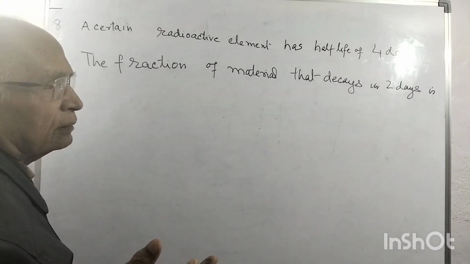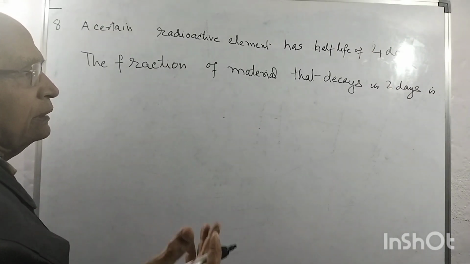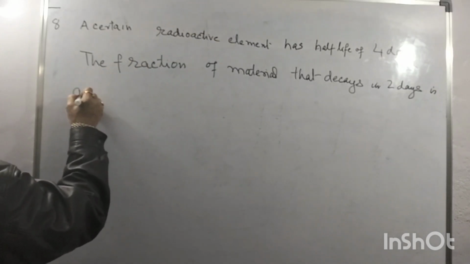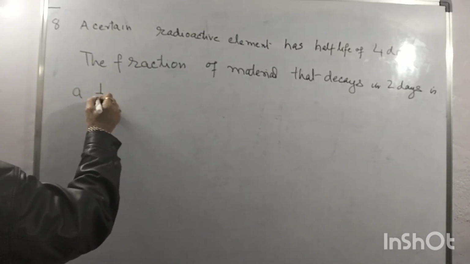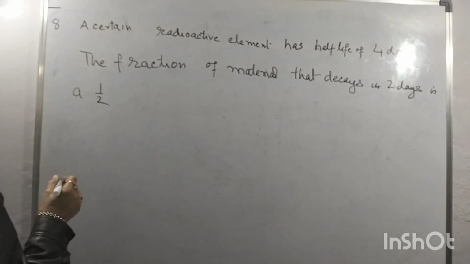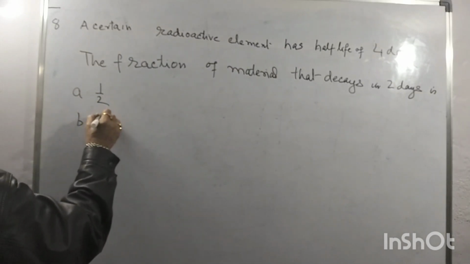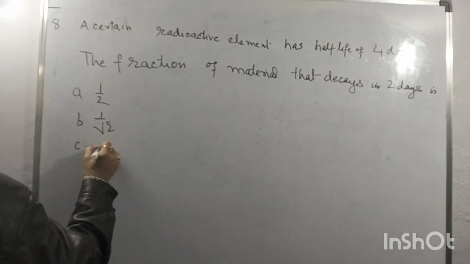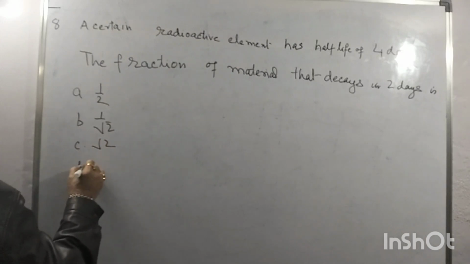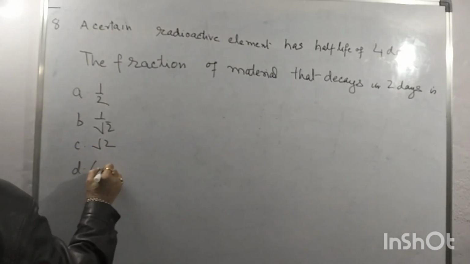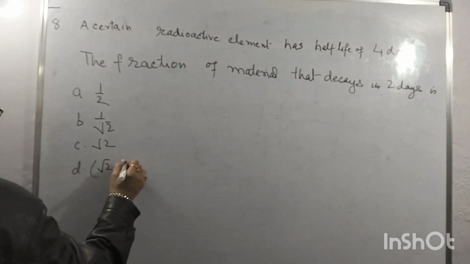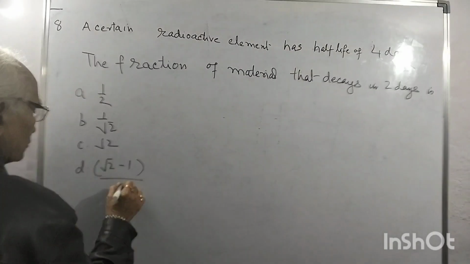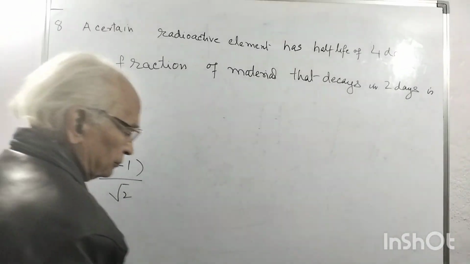In 2 days, how much decay? So what remains? The answer A is 1 by 2. B is 1 by root 2. C is under root 2. D is under root 2 minus 1, divided by under root 2. So which is the correct answer?